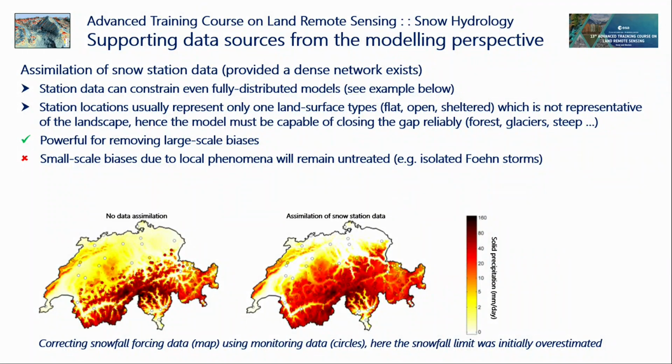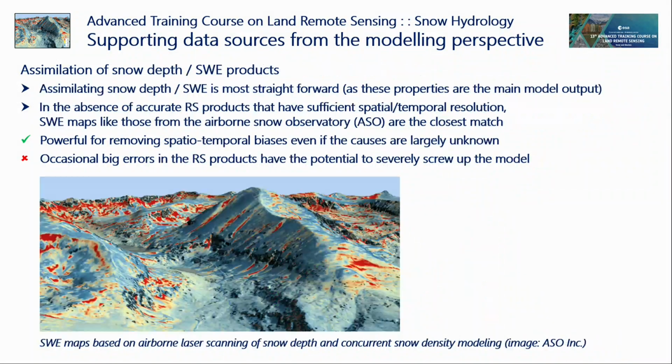So it's powerful in removing those large-scale biases, but it's definitely not suitable if you have this one station that sticks out, or if you have a very narrow föhn valley that removes snow in no time. That's something where your station will probably be in the wrong location, or it's in the right location, and the data assimilation says, you're just one station, I don't believe you. So basically, most likely it will not fit the case.